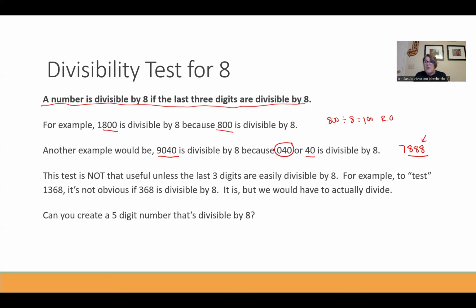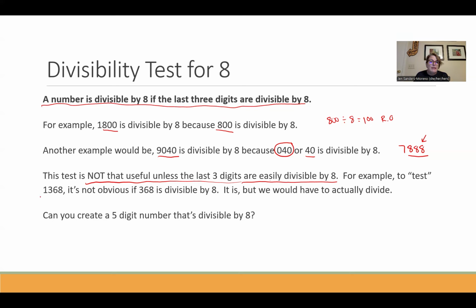Okay. So if you're wondering why I'm not the biggest fan of this test, it's not that useful unless the last three digits are easily divisible by 8. So what I'm saying is 800 was easy to see. 40 was easy to see. 888 is easy to see.